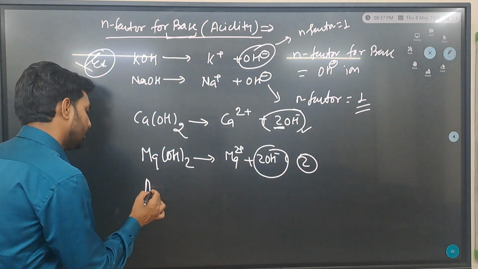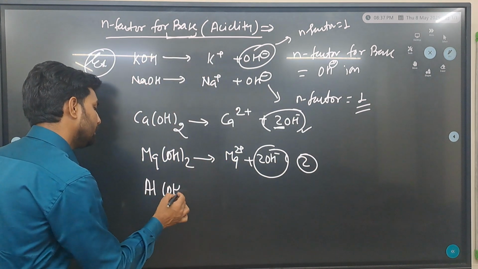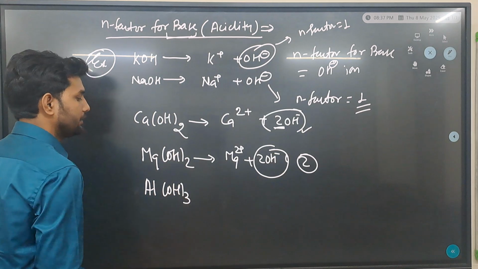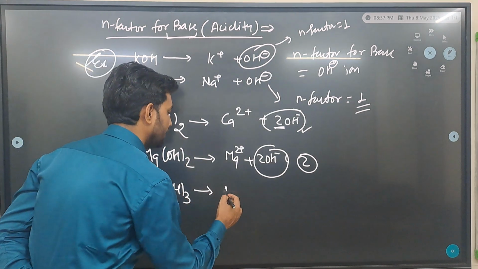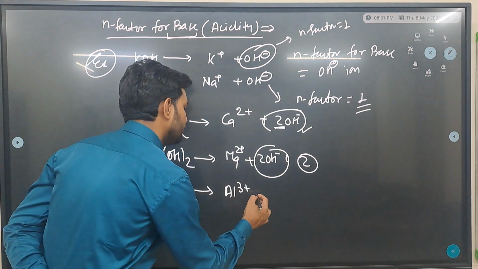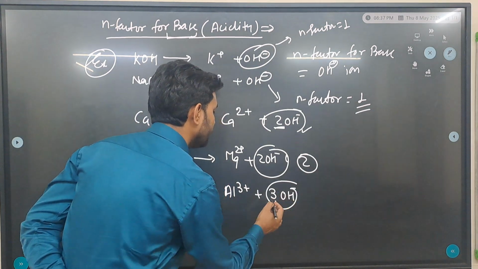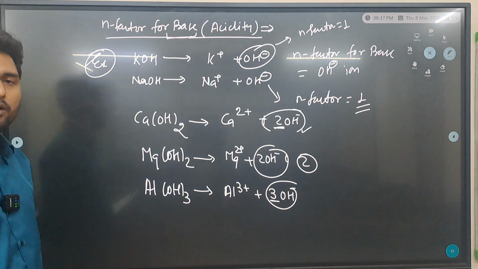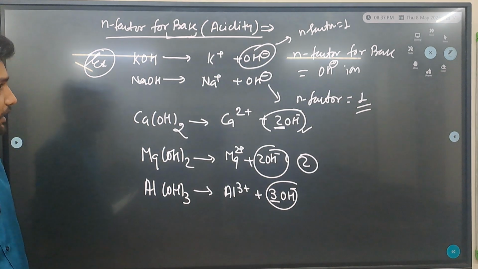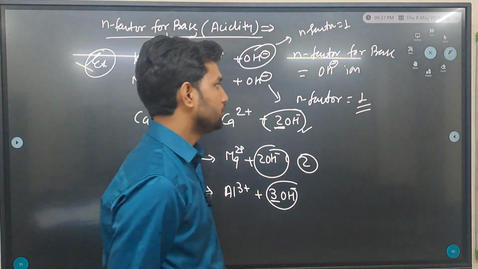Same for Al(OH)3. It gives Al3 positive plus 3 OH negative. The n factor will be 3 for this. Okay. Clear?